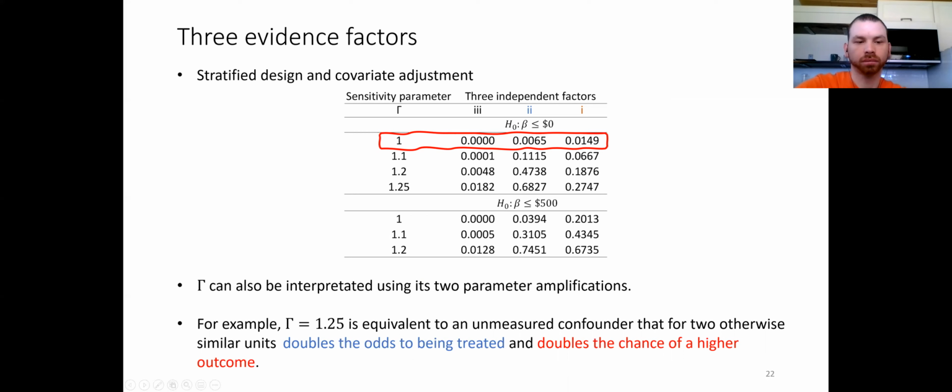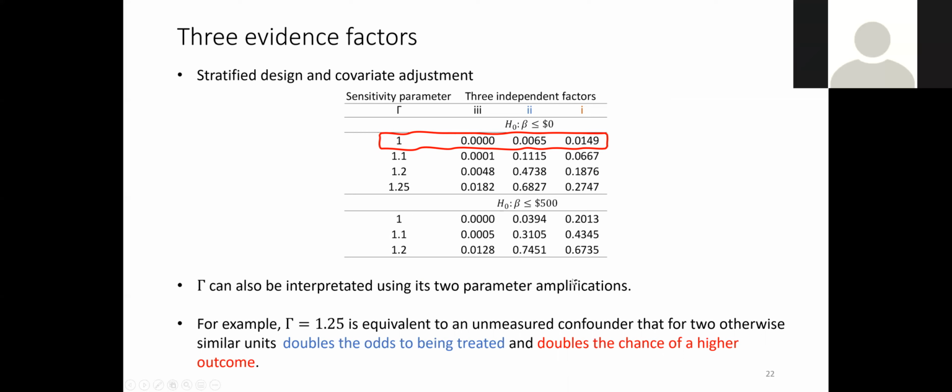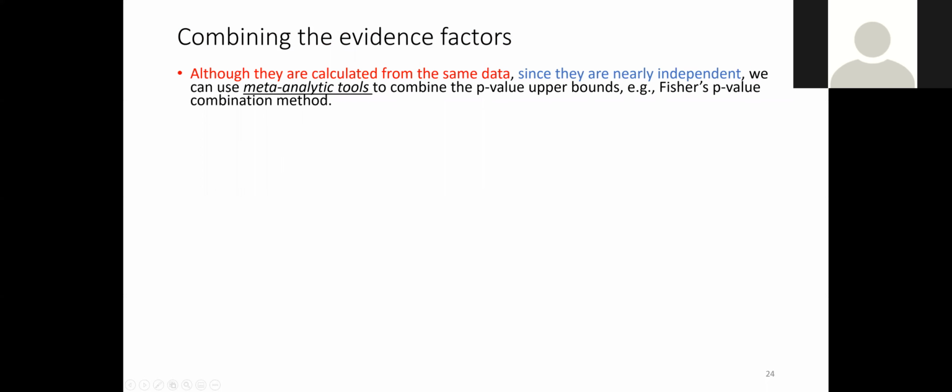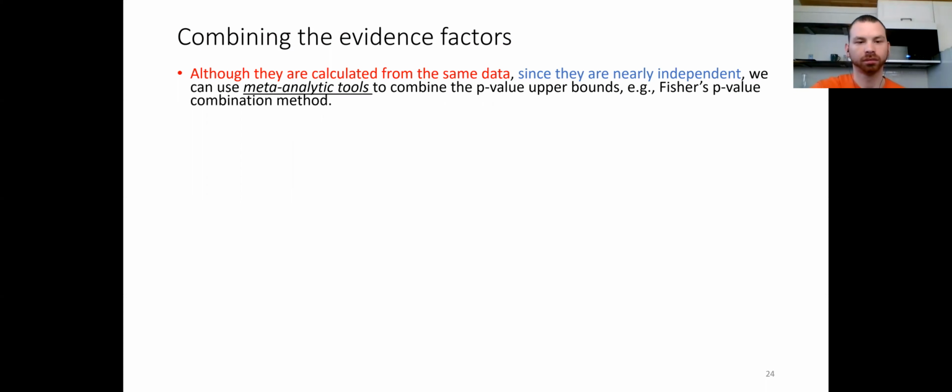Now that we have that bigger table, how do I integrate all those numbers for our integrated evidence factor analysis? The idea is to use the near independence, which is really crucial here. If you just assume independence, you can combine them using a meta-analytic tool.